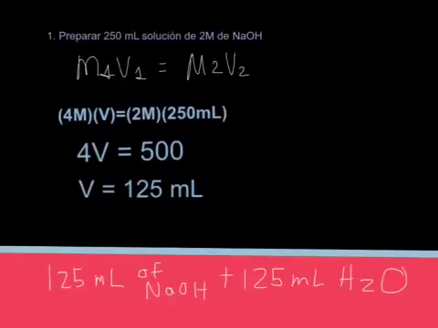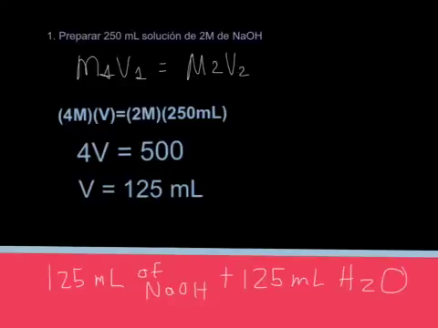The first question asks you to prepare a 250 milliliter solution of NaOH with a 2 molarity. In order to do this, you must use the formula M1 times V1 equals M2 times V2.